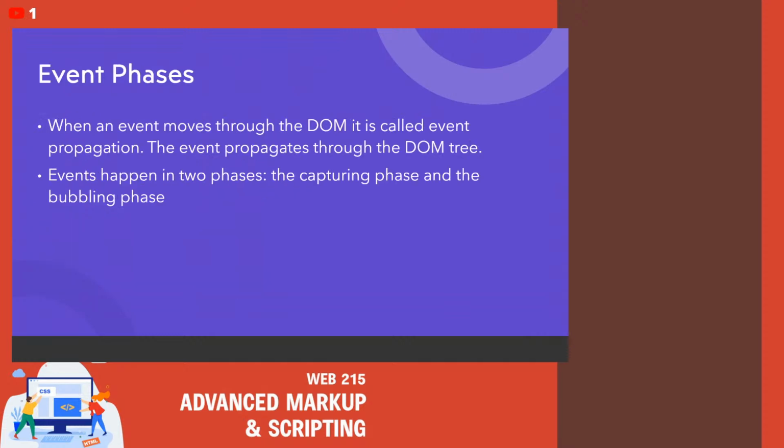And so what happens is when an event happens, and we get a little fancy here, an event goes through phases. An event moves through the DOM through what we call propagation. And so an event actually propagates through the DOM tree.